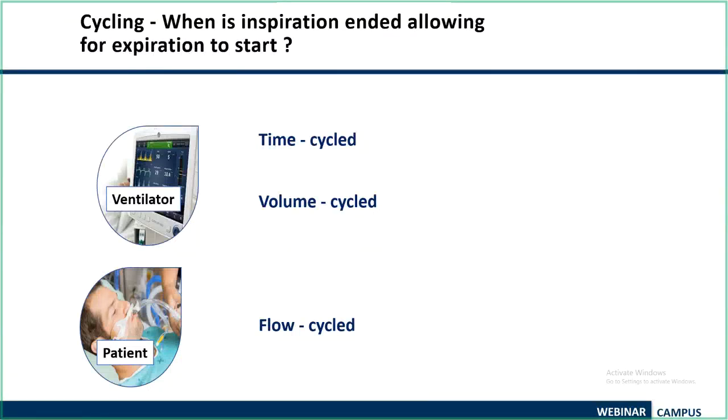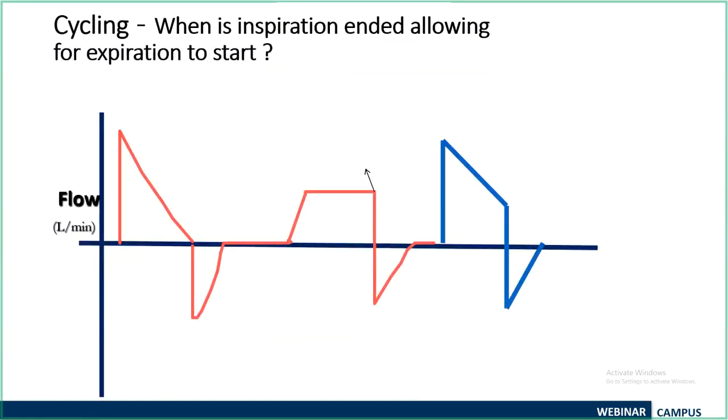And same way, if you keep it as 1:2, the total 6 seconds will be divided into 2 seconds for inspiration and 4 seconds for expiration. So the inspiratory time here will be 2 seconds, and at 2 seconds the inspiration will end and it will move on to the expiration. And it can be sometimes volume cycled and flow cycled as well.